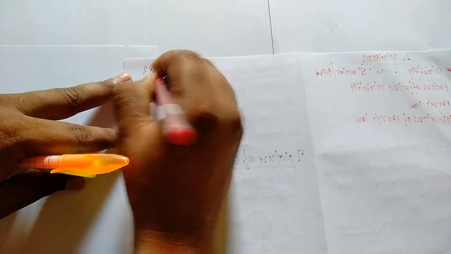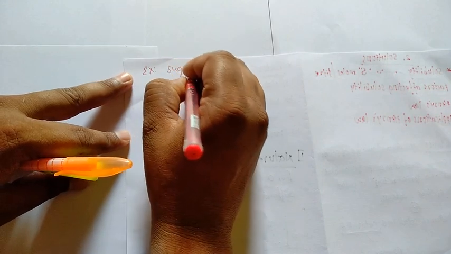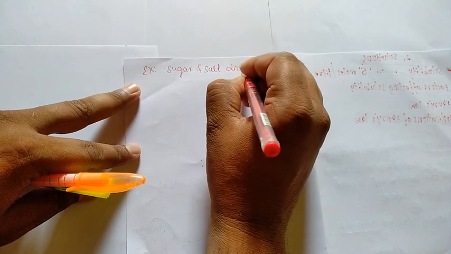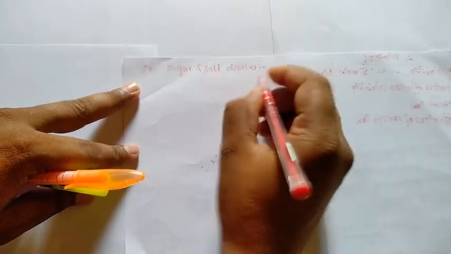Example: sugar and salt dissolve in water easily.